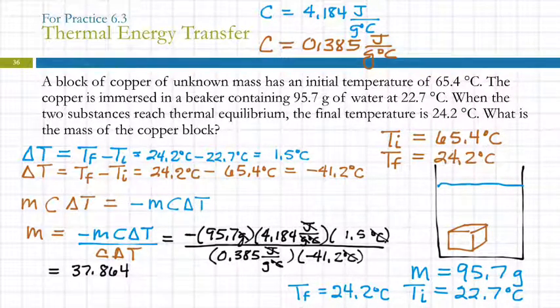Sig figs: this temperature change only ended up having 2 significant figures, so the answer only has 2 significant figures. The unit is gram, and so we're going to round this to 38 grams. Any questions?